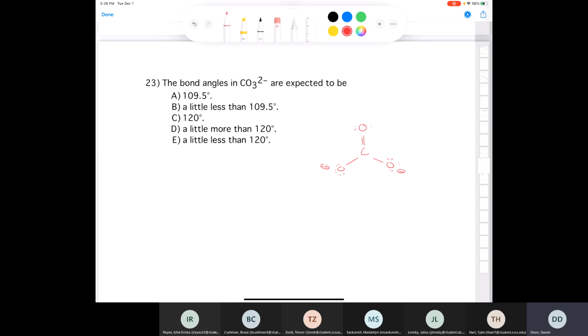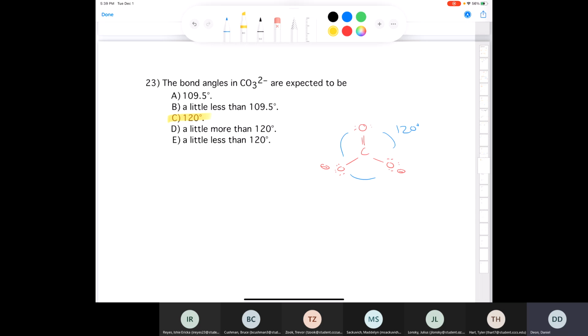The pi bond could be here, here, or here. And so all of these bonds are going to be equivalent, and they're going to repel each other equally. That results in a bond angle for all of these bonds of 120 degrees. If we divide 360 by 3, we end up with 120 degrees.